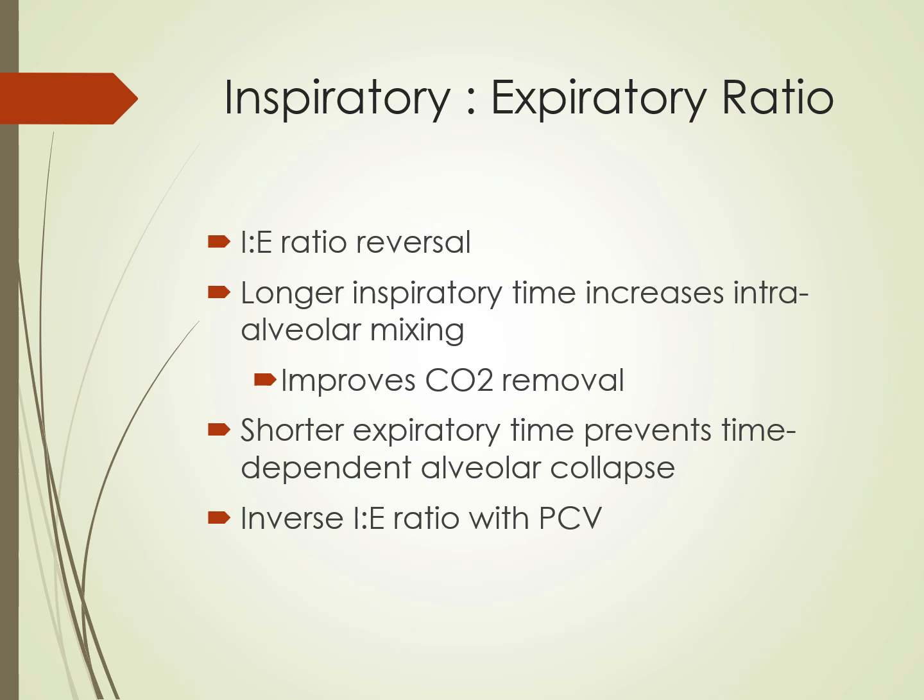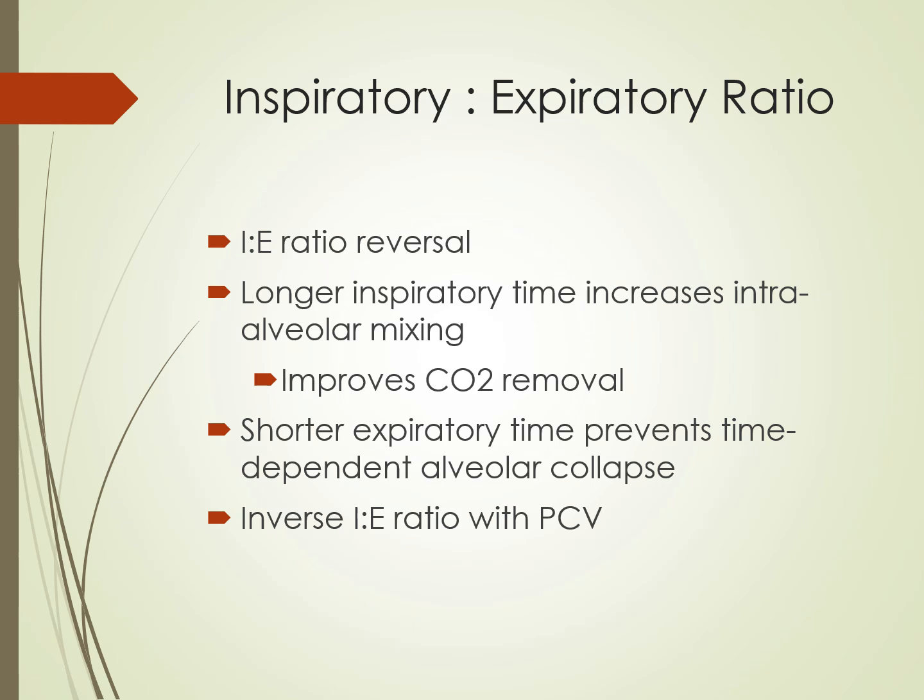What's the role of an IE ratio with a patient with ARDS? We're all familiar with IE ratios. A typical IE ratio is 1:2 or 1:3 or even more, depending if the patient has obstructive lung disease. With ARDS, studies have shown that when you have a longer inspiratory time, it increases intra-alveolar mixing and it improves CO2 removal.